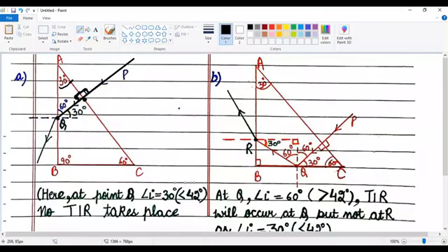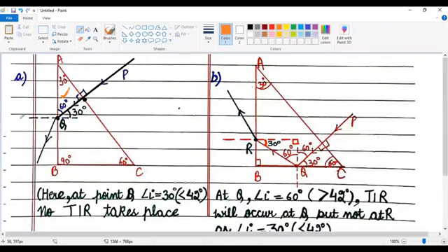So if one angle is 30 degree at point A, which is given in the question, that means the remaining angle will be 60 degree. So the remaining angle is shown to be 60 degree.